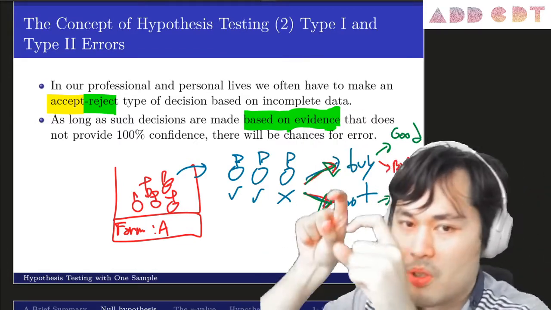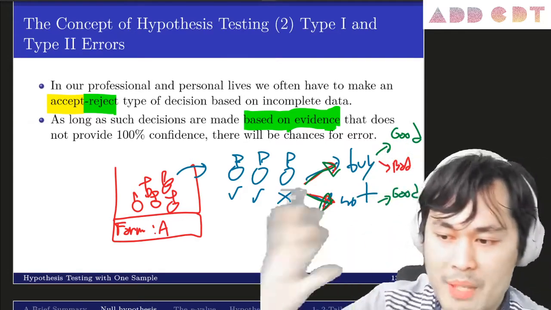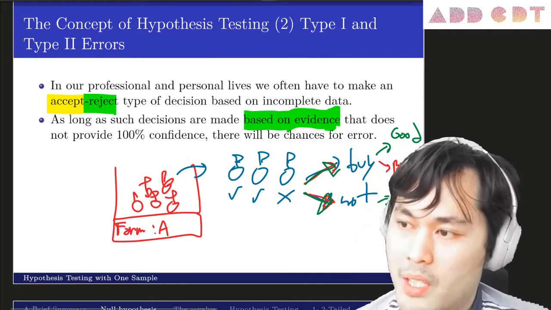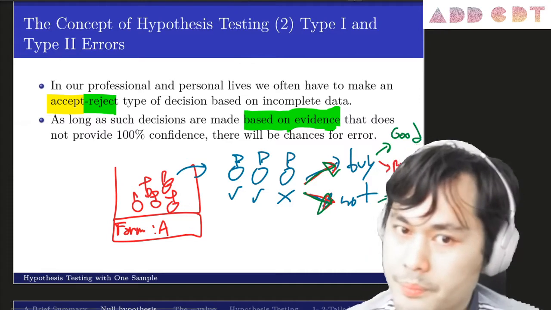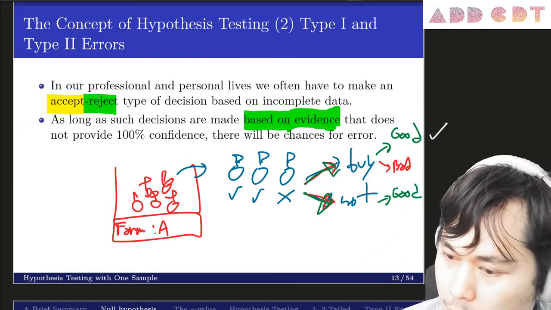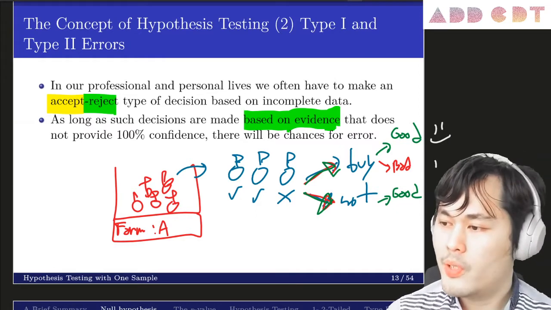But you happen to get 2 bad boxes, and then you decide, okay, this farm is bad, we are not going to come here again. That's possible. That's going to be unfortunate. If you buy from a good farm, you are happy with that. If you buy from them and they are bad, you are unhappy.